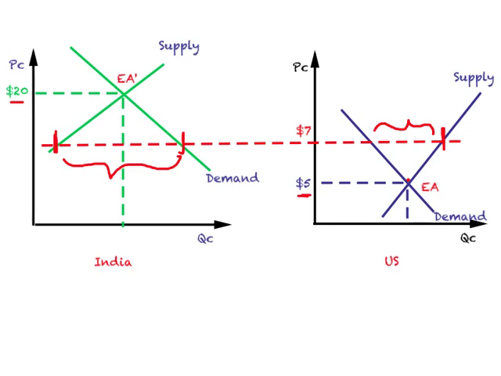But the amount of export that the US can generate is much smaller than the import that India would like to have. And so again, we'll have a situation of what we can call international shortage of clothing at a price of $7. So again, there'll be a tendency for world prices to rise above $7 a piece.